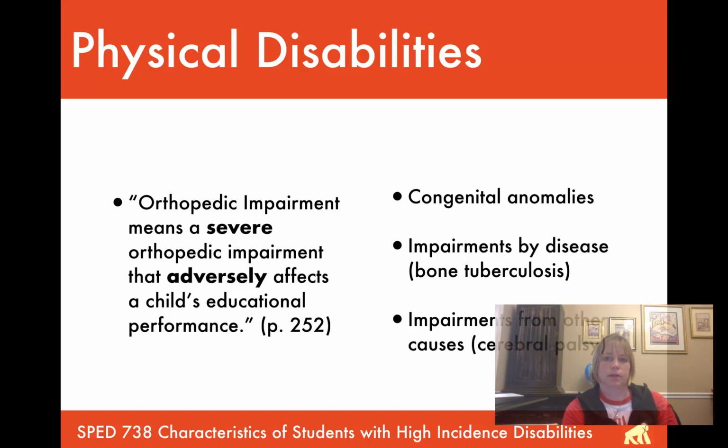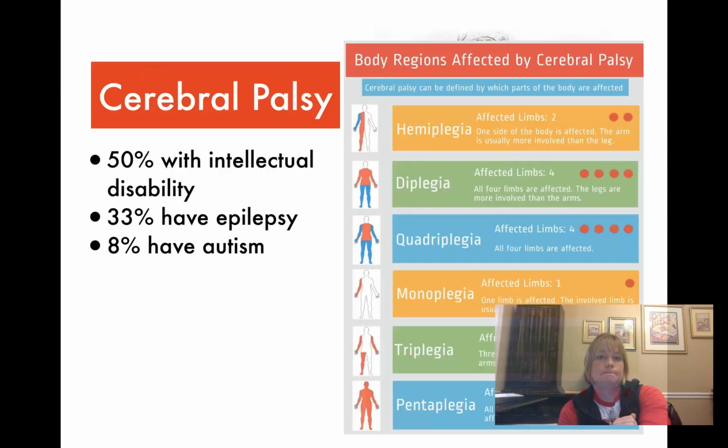Now those can occur because of a number of things. It can be a congenital anomaly that causes that physical disability. Sometimes you may see a student that has an impairment that's caused by some sort of disease that they've had, or they may have an impairment from another cause like CP, cerebral palsy, and we're going to look at some causes for cerebral palsy because it's one of the more common orthopedic impairments that we see in schools today.